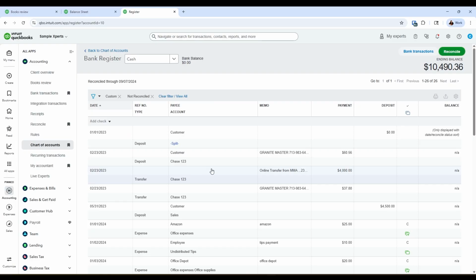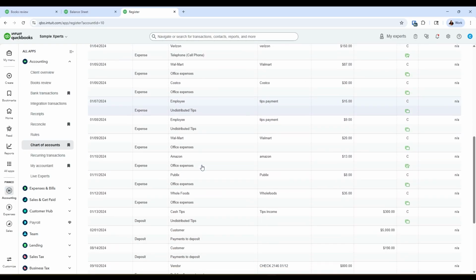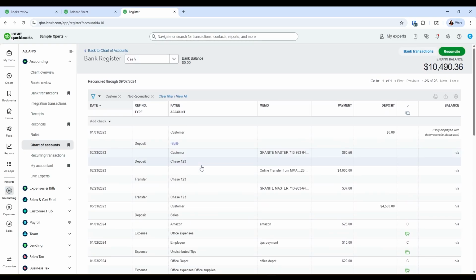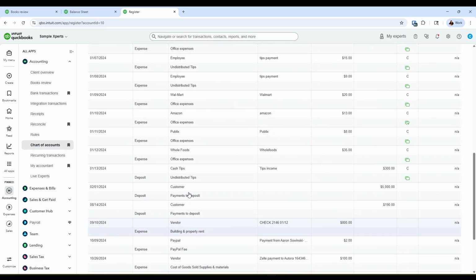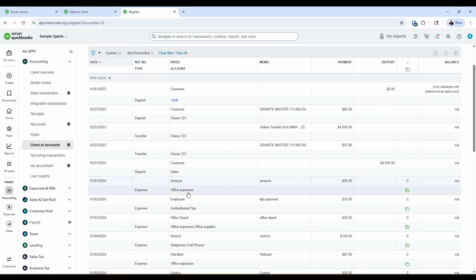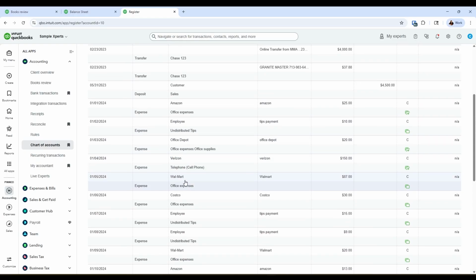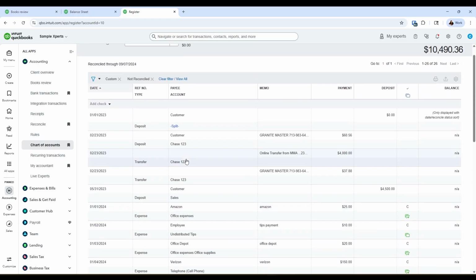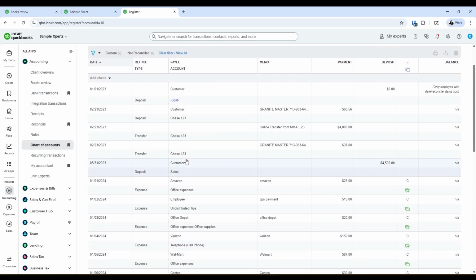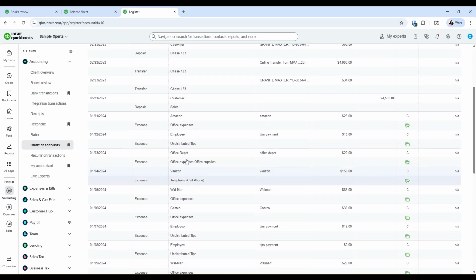Okay, apply, and all these transactions have not been cleared, even though I reconciled all the way through September 7th. What does that mean? It probably means that there are a lot of errors, in this case expenses and transfers that have not been matched, and you need to correct them one by one.